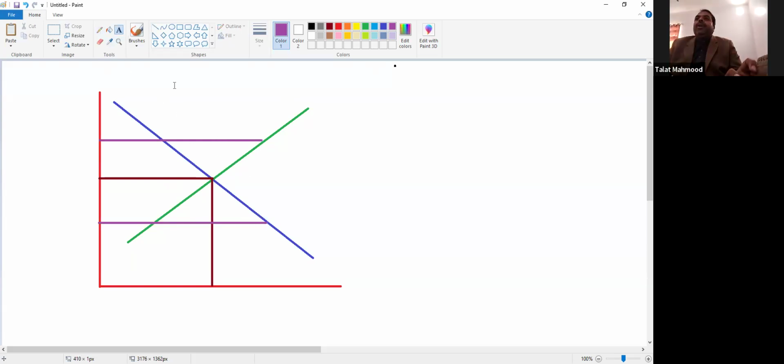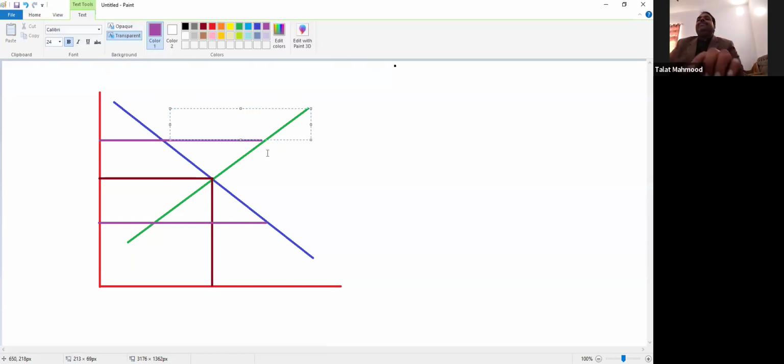In this scenario, supply is greater than demand, so we call it a surplus.